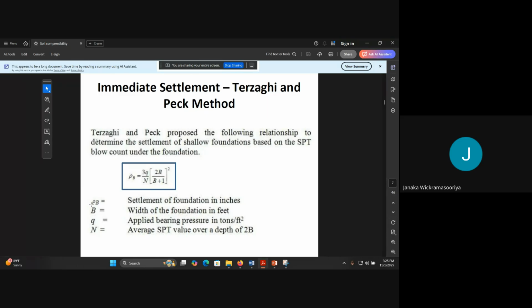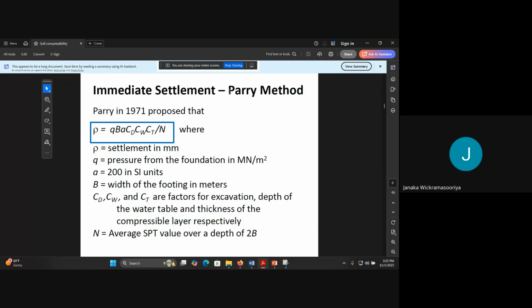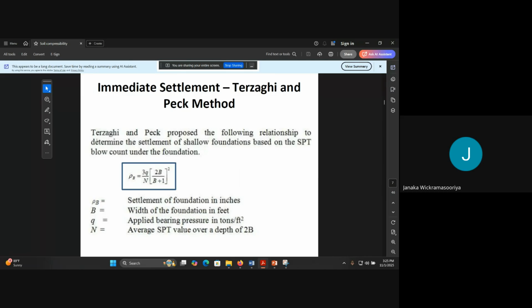Then only you will get rho in inches. And then the next one is Peck's method. If you need to note down anything, I will give you just 1 minute, because these are in inches and feet, not the metric unit system.